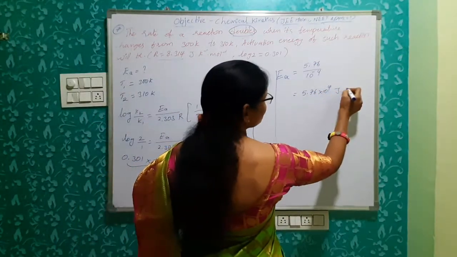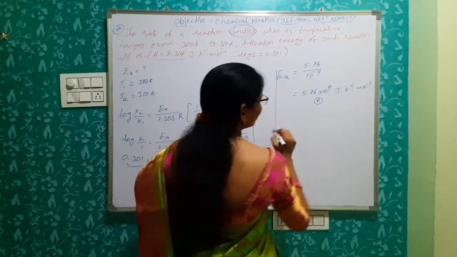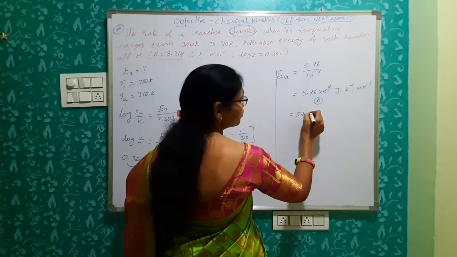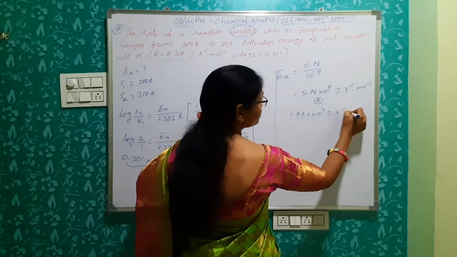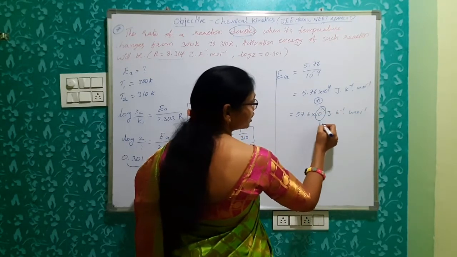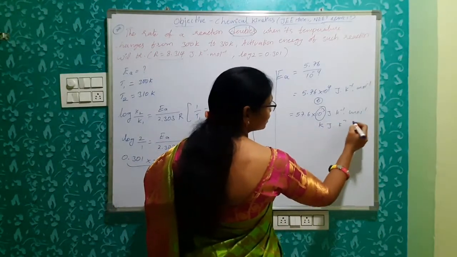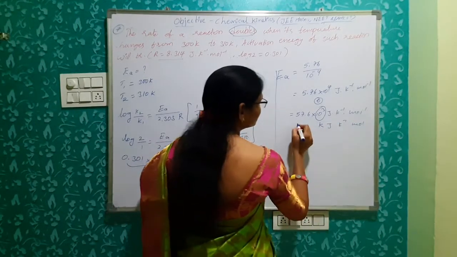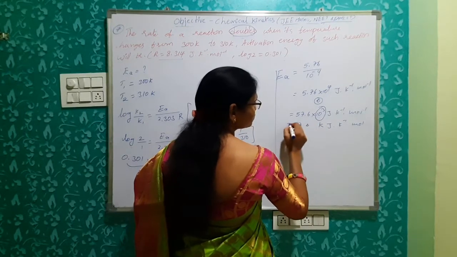So that is in joules Kelvin inverse mole inverse. This is also written as 57.6 into 10 power 3 joule Kelvin inverse mole inverse. So instead of 10 power 3 we can take kilojoules Kelvin inverse mole inverse. Simply 57.6.